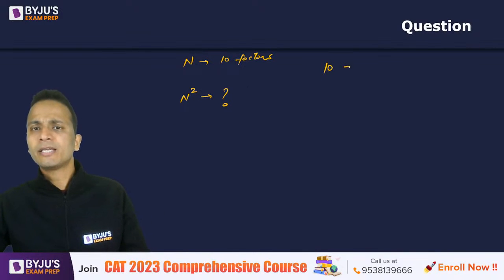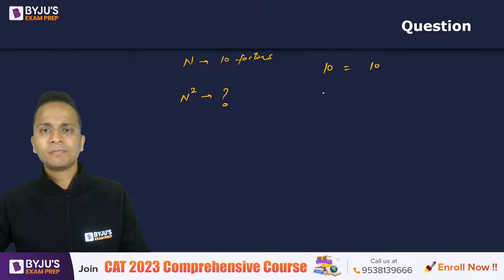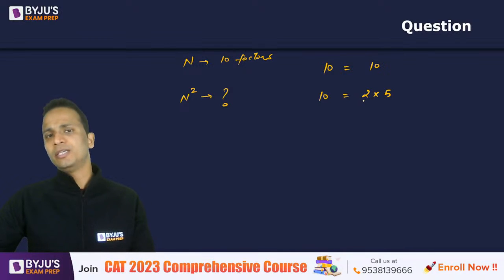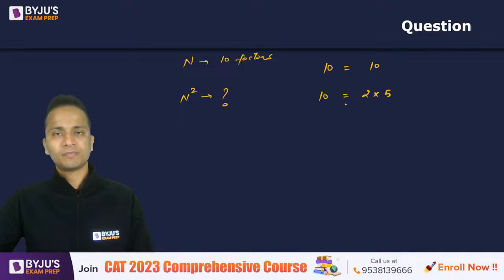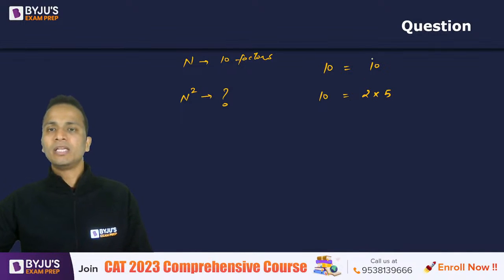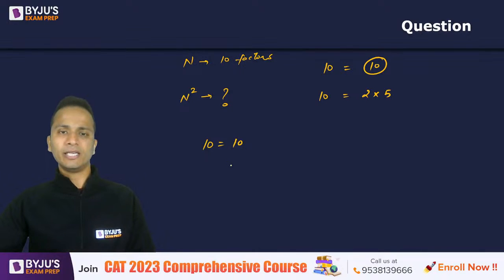So 10 can be written as 10 only. 10 can be written as 2 multiplied by 5 as the product of two numbers. 10 cannot be written as the product of three numbers. All right, great. Now, first of all, I'll consider the first case. Case number 1, when I'm writing 10 as only a single number.